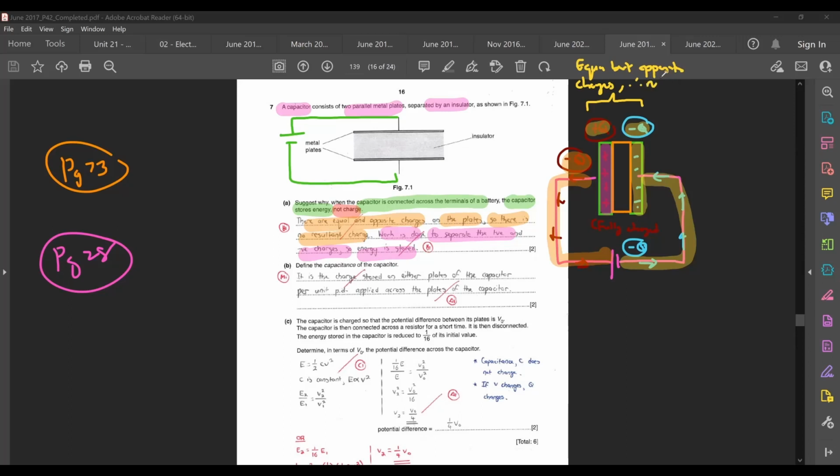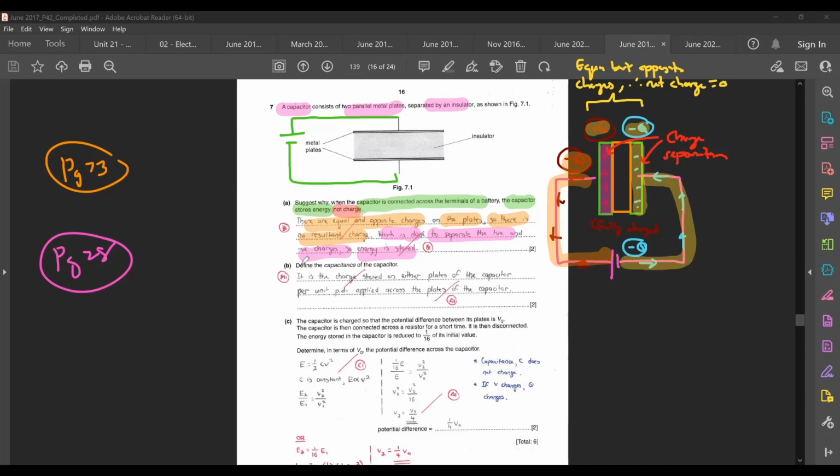Therefore, net charge is 0. And then after that, if anything, I can probably just say this one here, this one here, and this one here is your charge separation. Okay, yeah, this diagram looks better now. Okay, so part A is okay.